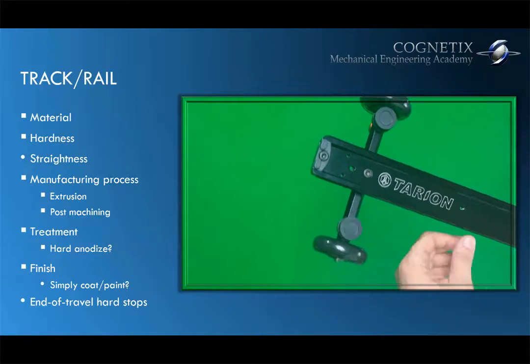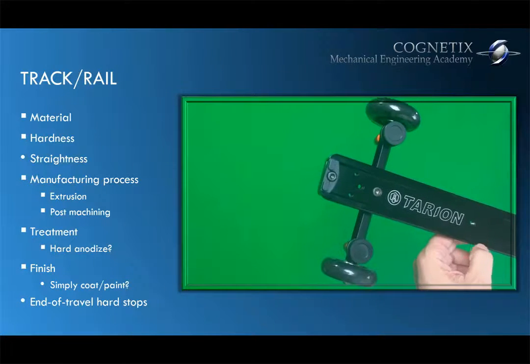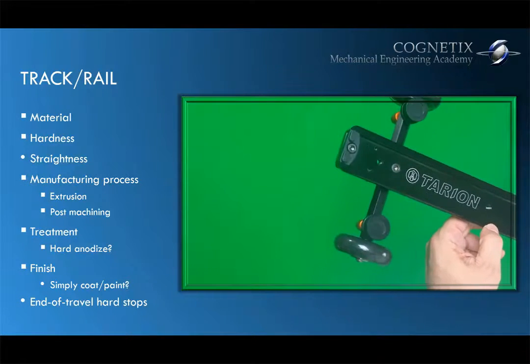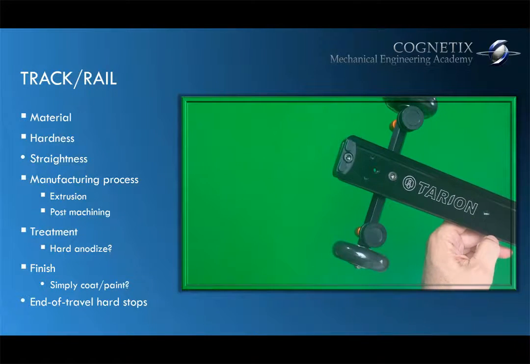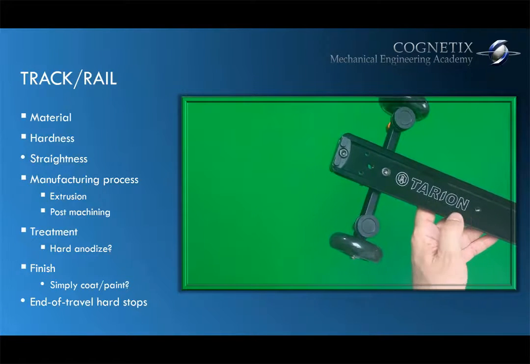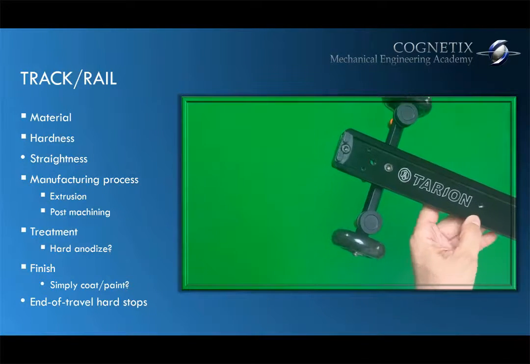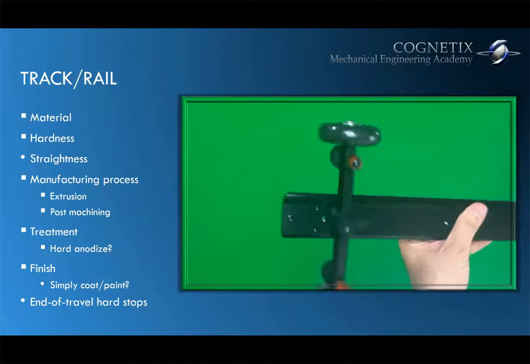Regular black anodized does not necessarily create a harder, tougher surface on the aluminum. But they could have also chosen to hard anodize it, which is a different specification, which you can also color black, which produces a much tougher surface. Okay?